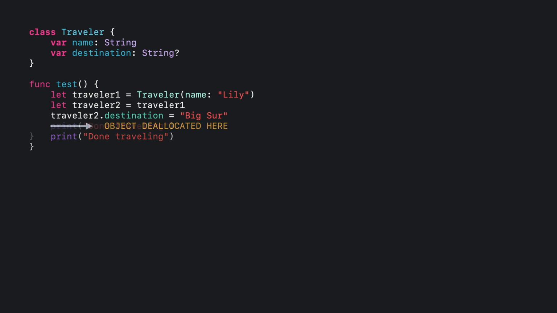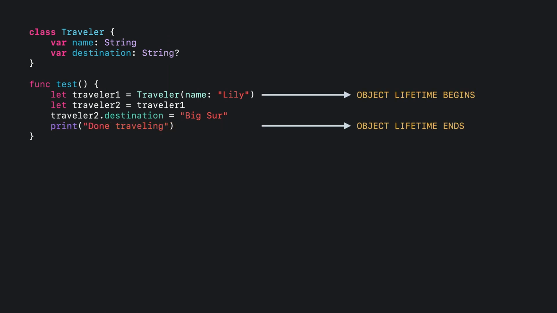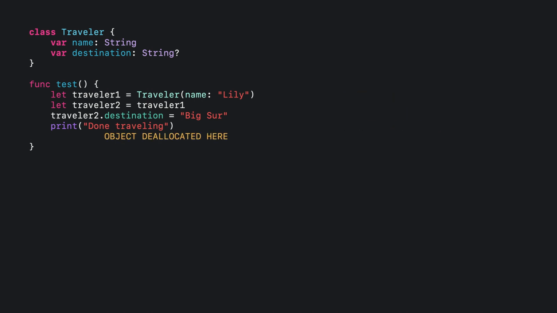However, in practice, object lifetimes are determined by the retain and release operations inserted by the Swift compiler. And depending on the ARC optimizations that kick in, the observed object lifetimes may differ from their guaranteed minimum, ending beyond the last use of the object. In such cases, the object is deallocated at a program point beyond its last use.